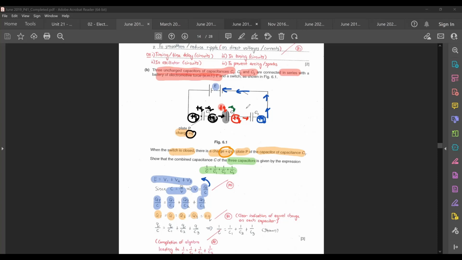So this plate here will be positive Q, negative Q. Over this side, because you have a charge of Q deposited here, you can also imagine that whatever came out of your battery in the first place was really just positive Q.